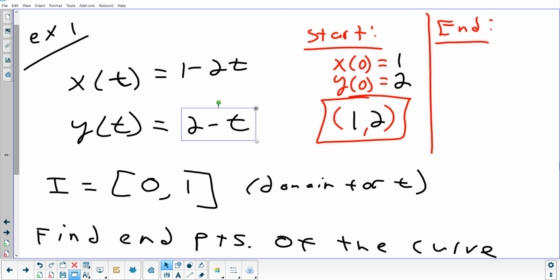And it ends, Jeff, what number am I going to plug in for t to see where it ends? 0 tells us where it starts. 1. So we're gonna plug in 1.